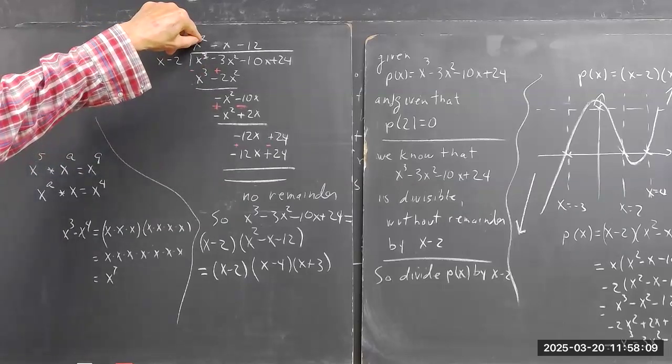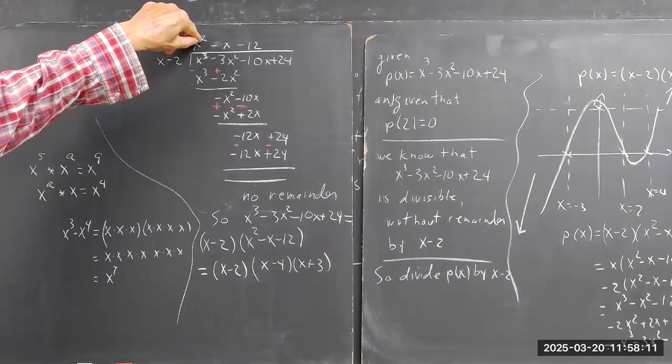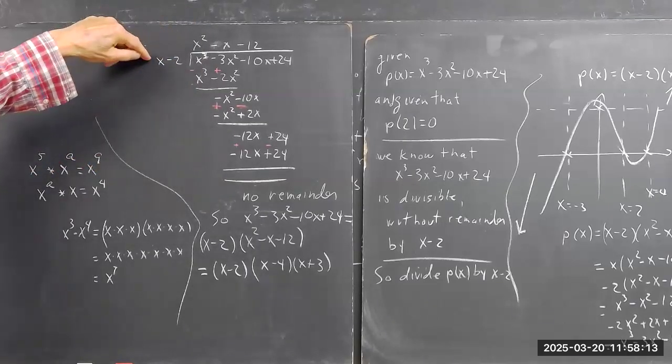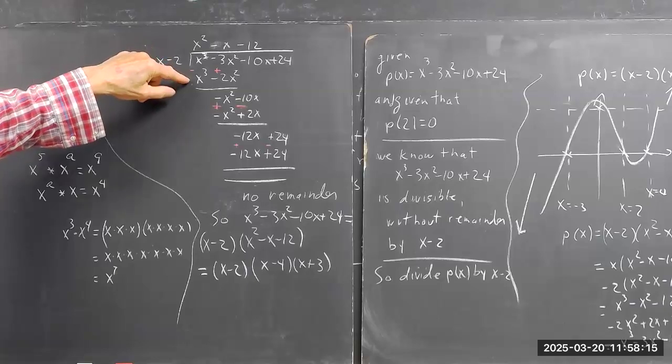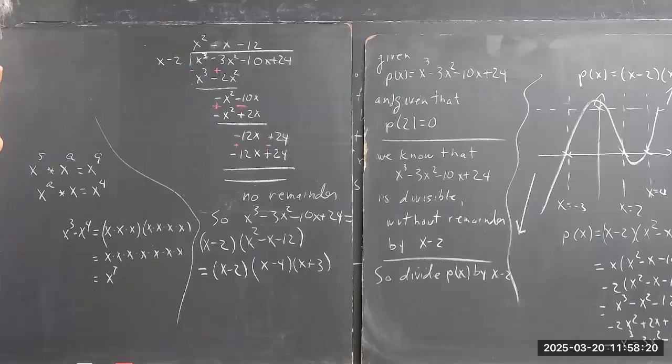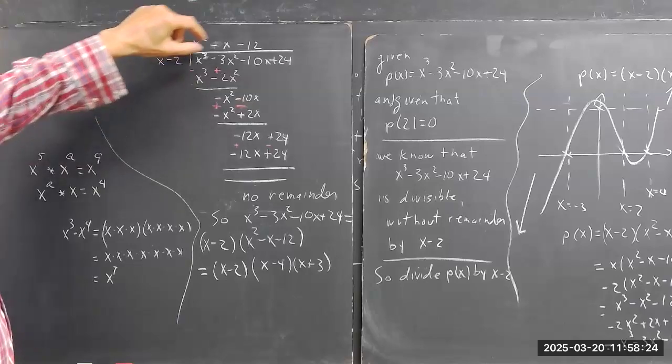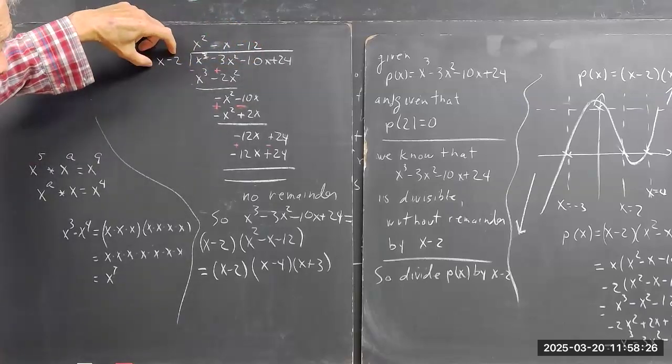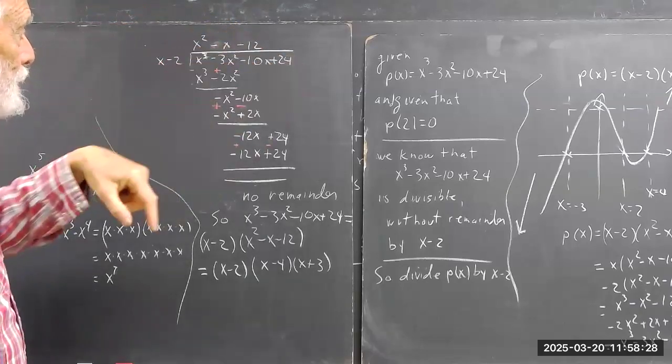You can answer the question. It's going to be x squared. So x squared times x gives you x cubed, and x squared times -2 gives you -2x squared, because whatever you get up here, when it's multiplied by this, has to give you this.